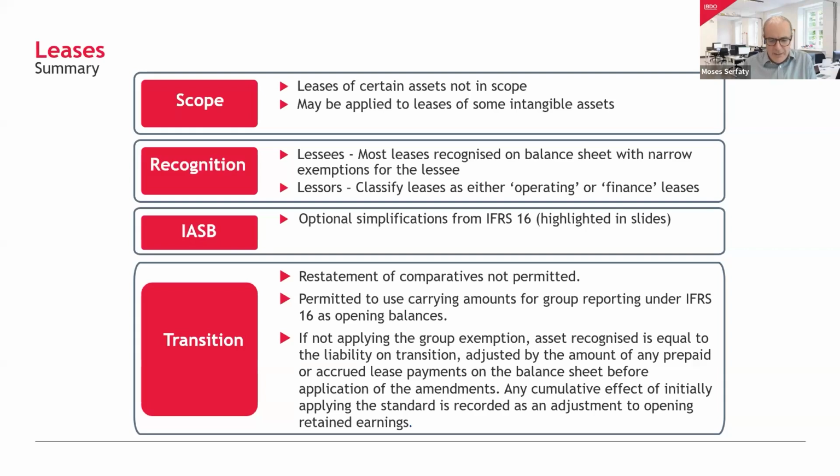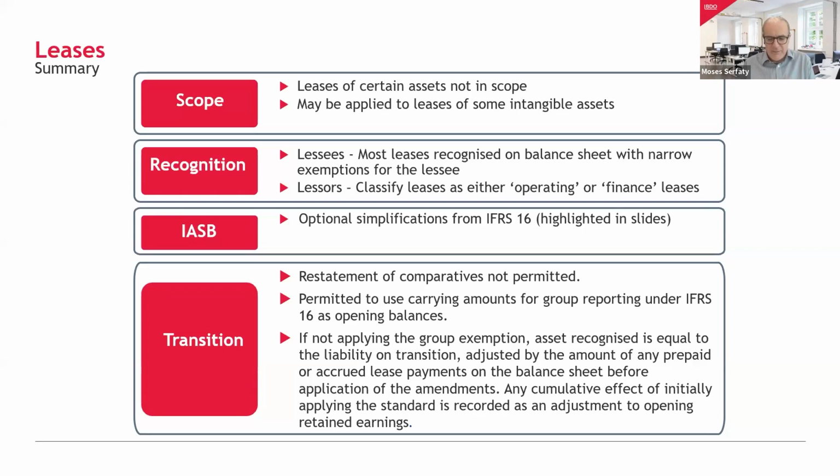There's also an option for subsidiaries, or entities whose parent prepares accounts under IFRS 16, to use the IFRS 16 numbers for the leases that are yours on your balance sheet. Again, that's something that may be useful, may not be useful. We'll see how it pans out.